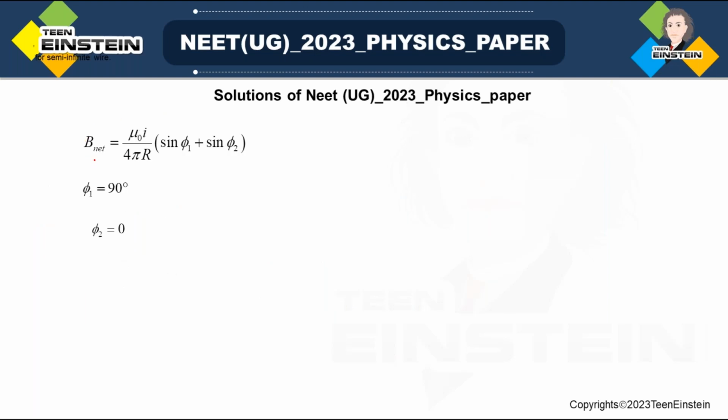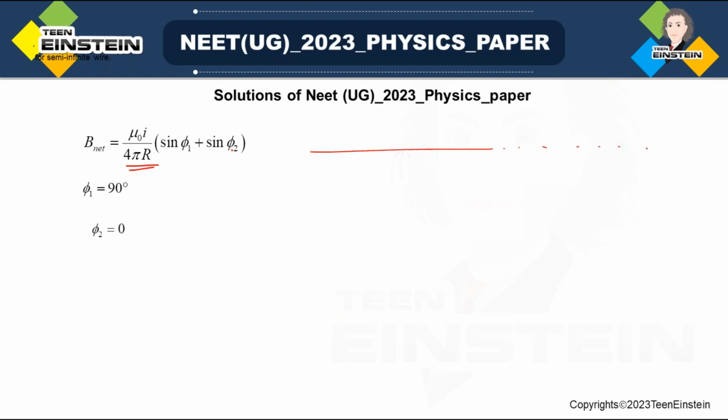See, this is actually the net magnetic field. If I have a semi-infinite wire and a point at a perpendicular distance r from that wire, the net magnetic field is mu0 I by 4 pi r times (sine phi 1 plus sine phi 2).